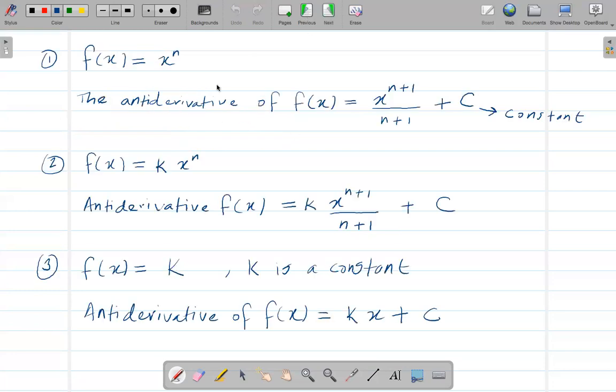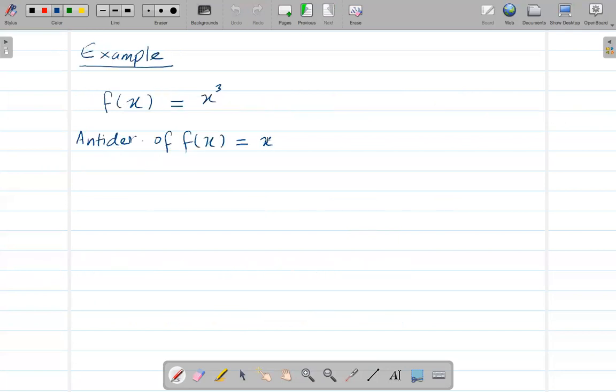This is similar to rule number 1, right? So in this case, it's x to the power 3 plus 1, divided by, again, 3 plus 1, plus c, which will be x to the power 4 divided by 4 plus c.